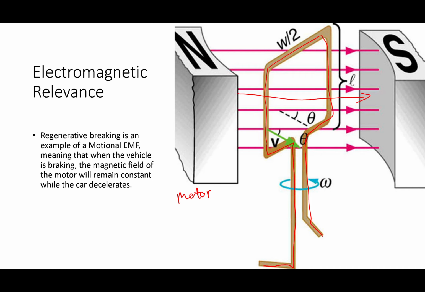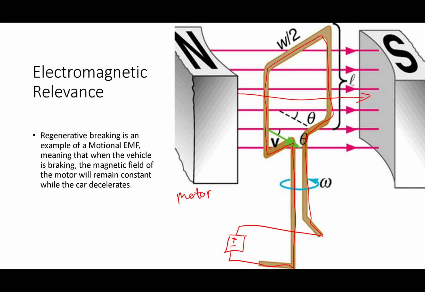So while the wheels are spinning, this loop is going to be spinning, and this loop is going to be connected to some load. In this case, it's going to be the battery which it is recharging.